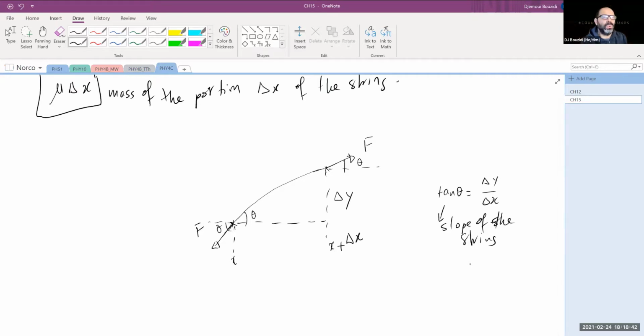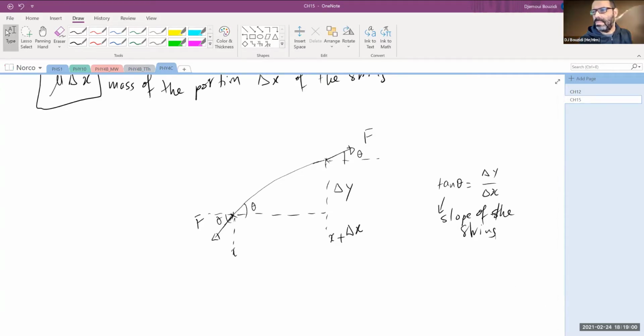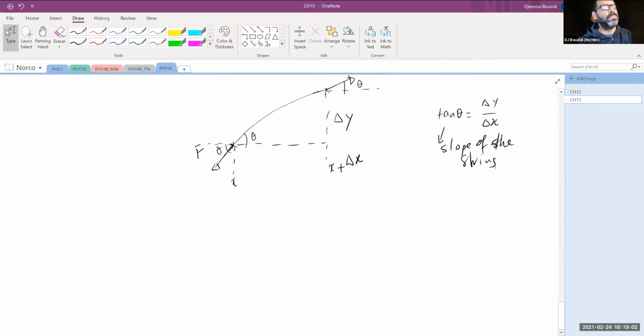So which law do you think I should invoke now? I have the forces. This is some sort of a free body diagram, because I cut the rest of the string, I replaced it by its tensions. So now what law should I invoke?